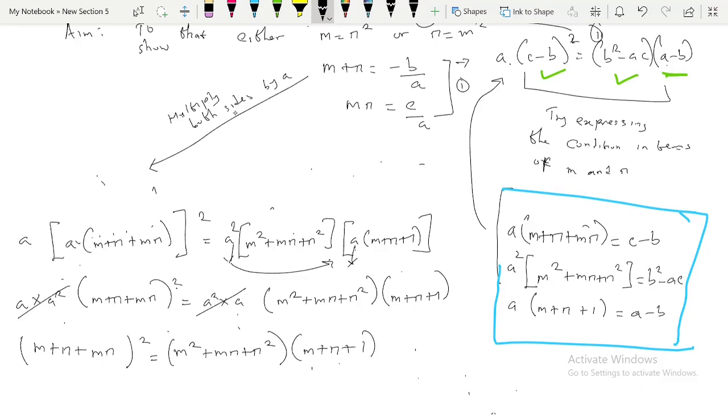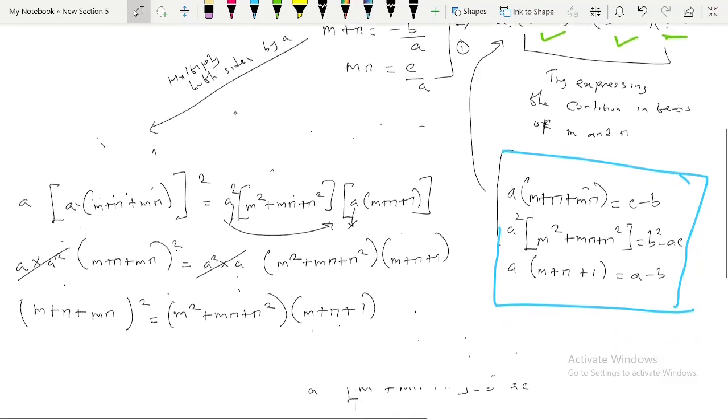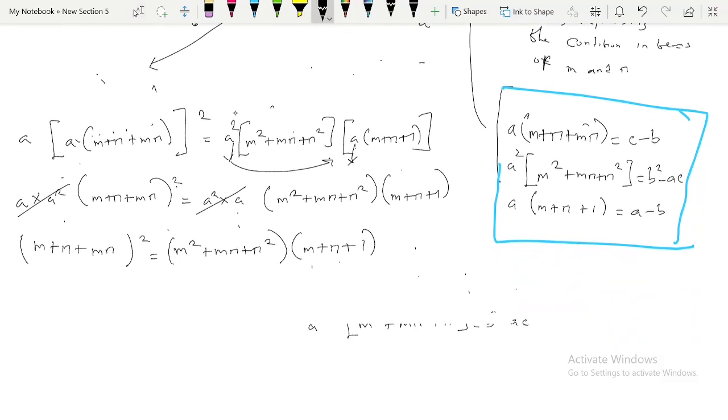wow. So let's expand now. Expand and simplify. So if you expand this side, this is m square plus n square. You can just expand this by yourself, plus mn square plus 2 into mn plus m square n plus n square m.